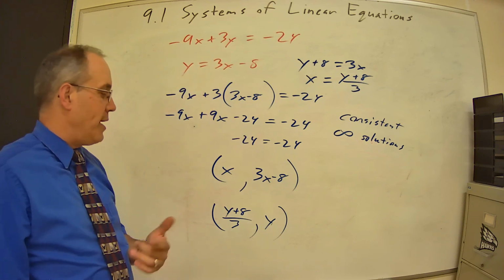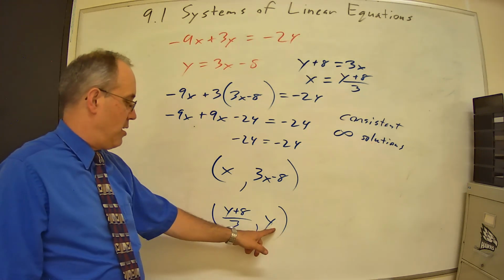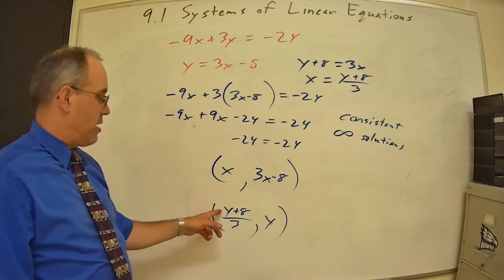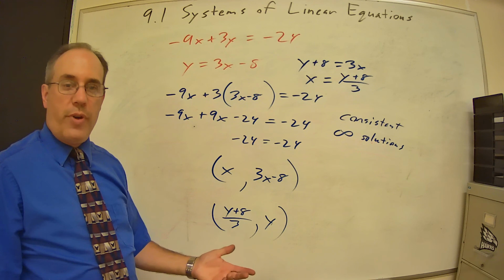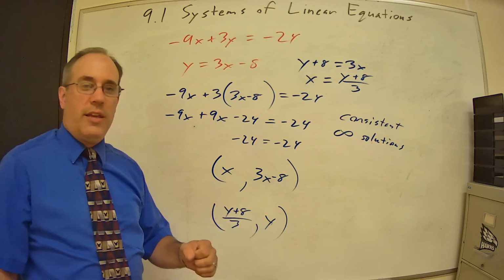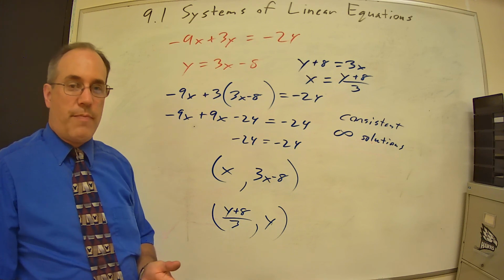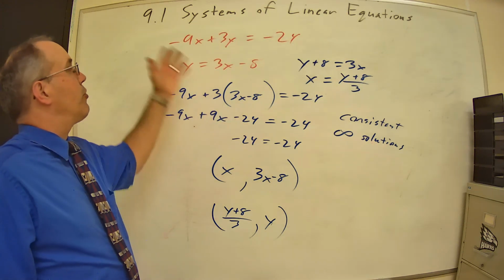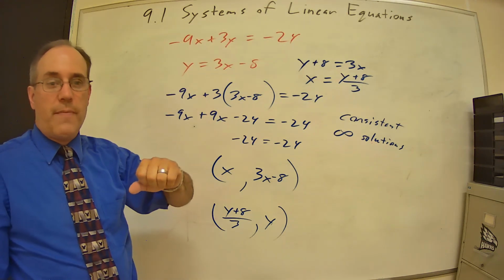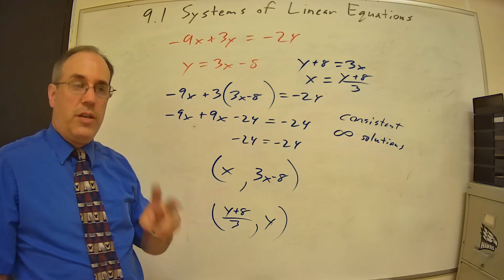If I say y is equal to 1, then x is going to be equal to 9/3 or 3, so (3, 1) is a solution to these two equations. So this is dealing with a system of linear equations where we have two variables and two unknowns.